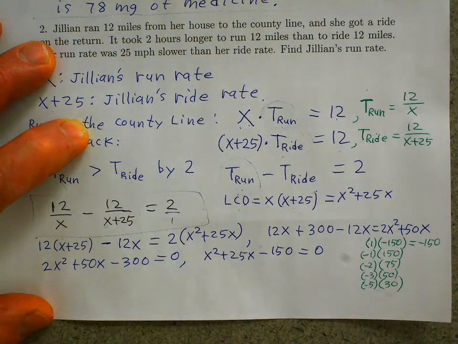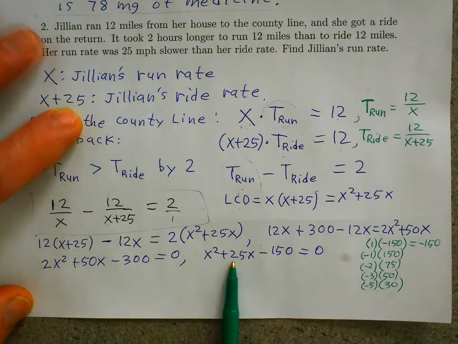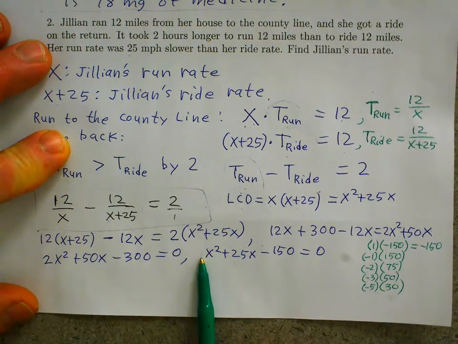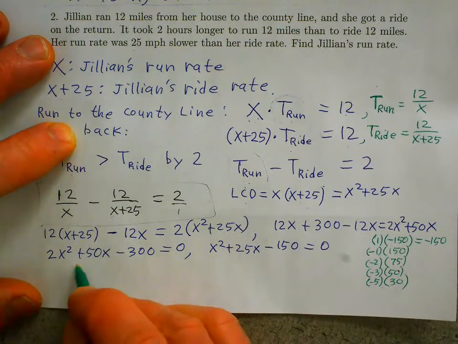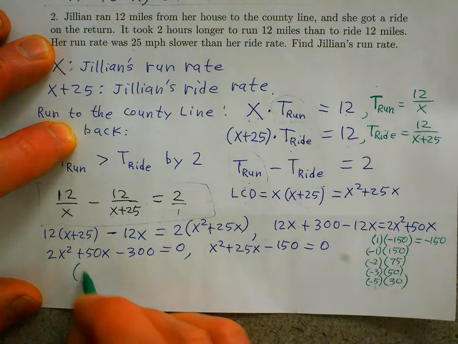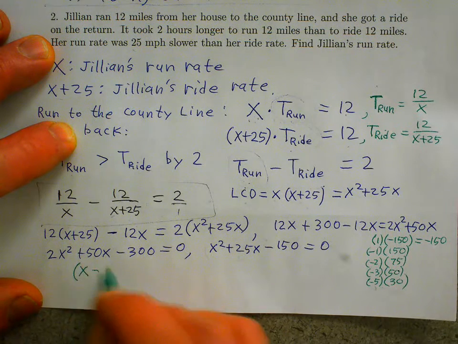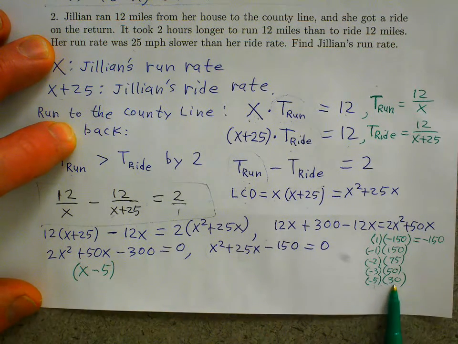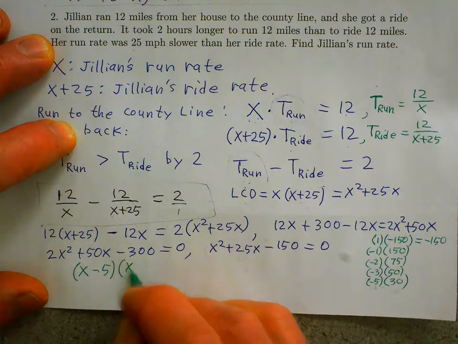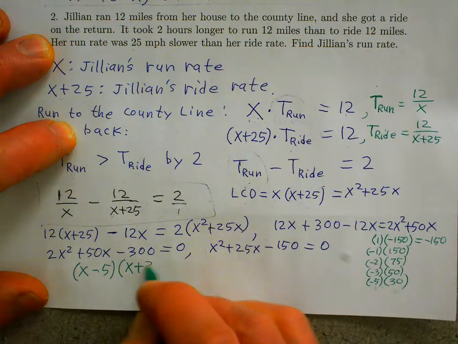Remember the abbreviated AC method that you can use when the coefficient of x squared is 1? Since one of the numbers we need is negative 5, one of the factors is x minus 5. The other number that we need is positive 30, so the factor that corresponds to that is x plus 30.